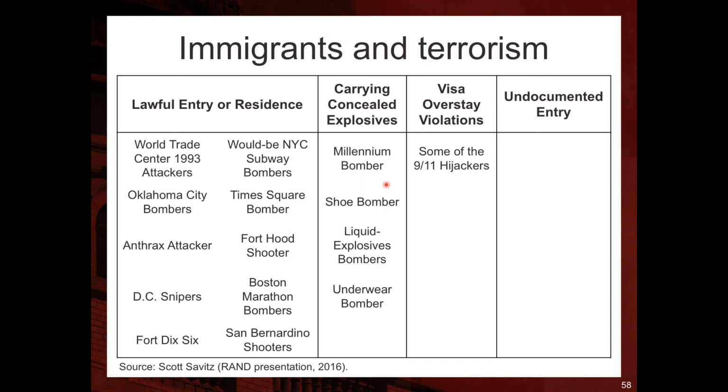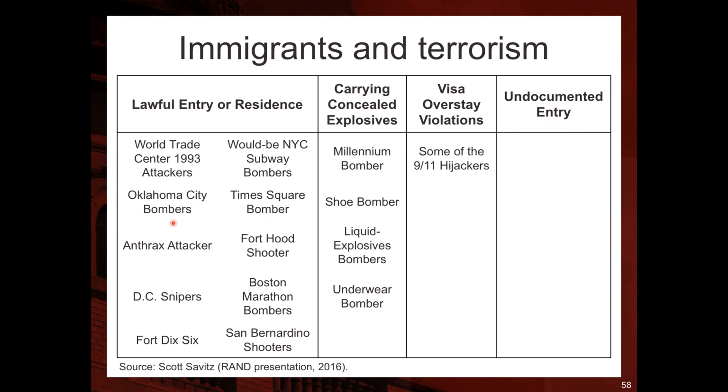They were not undocumented. And some of the hijackers of the 9/11 attacks were visa overstays, so they committed violations by staying here longer than they were supposed to. But again, they had visas, they were documented, and no terrorist attack was committed by undocumented immigrants. So these people here, undocumented immigrants, did not commit any terrorist attack.